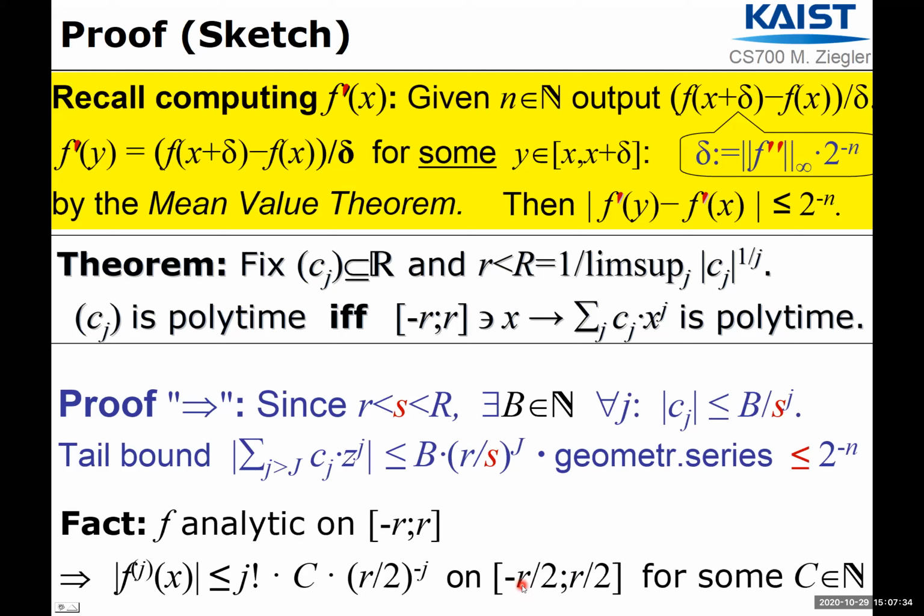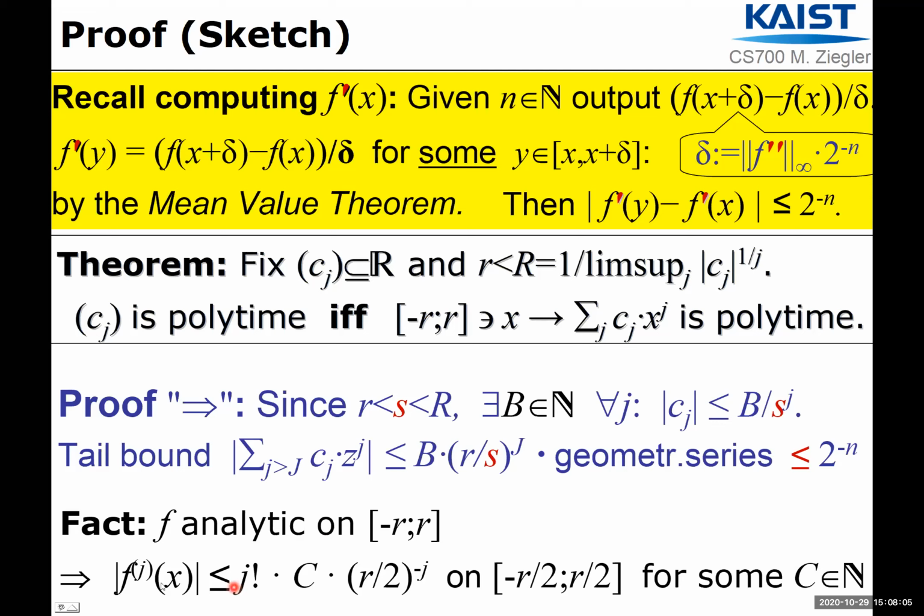But now the power series may have only r over 2 as radius of convergence, right? So if we start at the endpoint of this smaller interval, then there's only distance r over 2 to the actual endpoint of the original interval. And therefore, this new shifted Taylor series has maybe a smaller radius of convergence. And on this radius of convergence, the same applies as here.